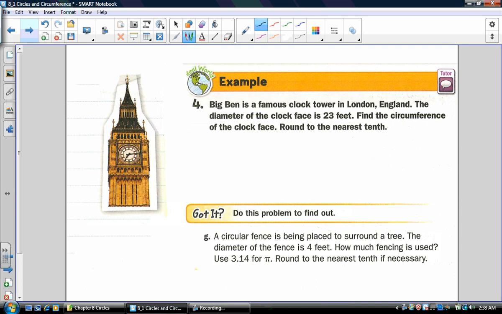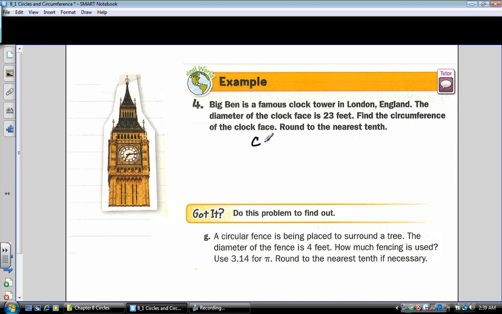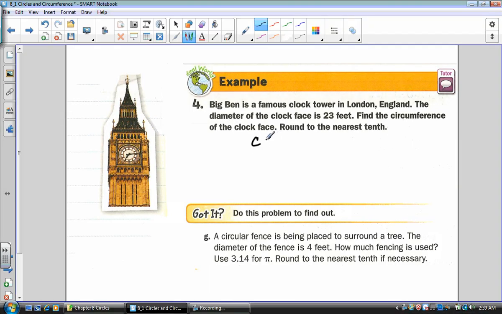All right. Let's continue with a few more examples here. Big Ben is a famous clock tower in London, England. The diameter of the clock face is 23 feet. Find the circumference of the clock face, rounded to the nearest tenth. Well, we're given the diameter here. So circumference is going to be equal to pi times the diameter.